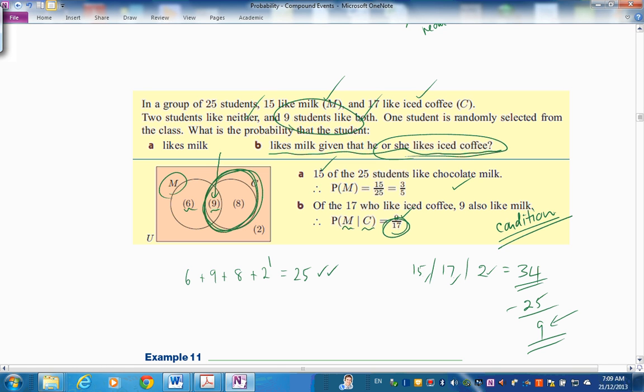The condition is you must work with the iced coffee likers, because given that she likes iced coffee, you reduce the sample space. It reduces S, doesn't it? You're not looking at the whole 25 anymore, you're zeroing in on that group. So Venn diagrams are very important to see what's going on in reducing that sample space.